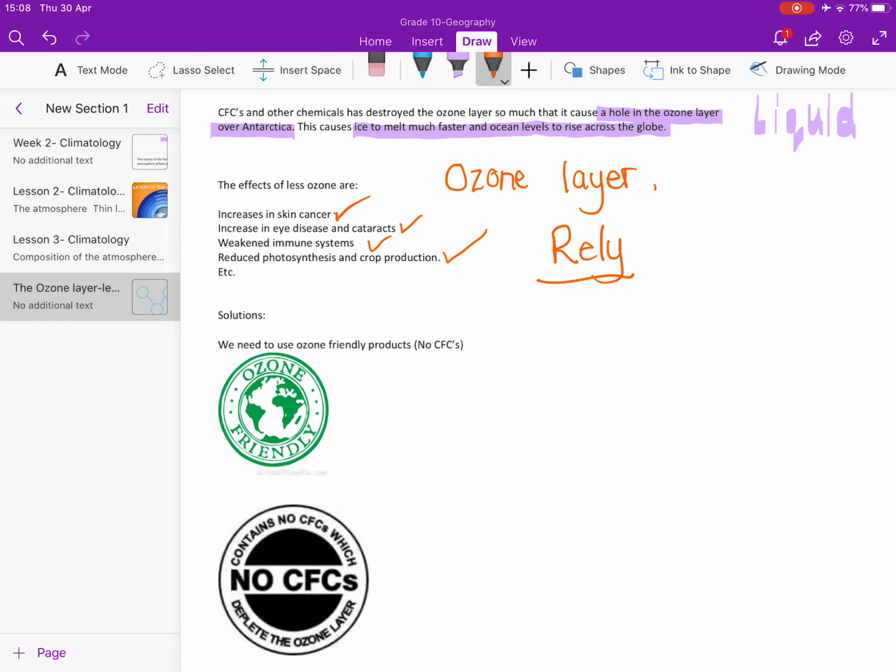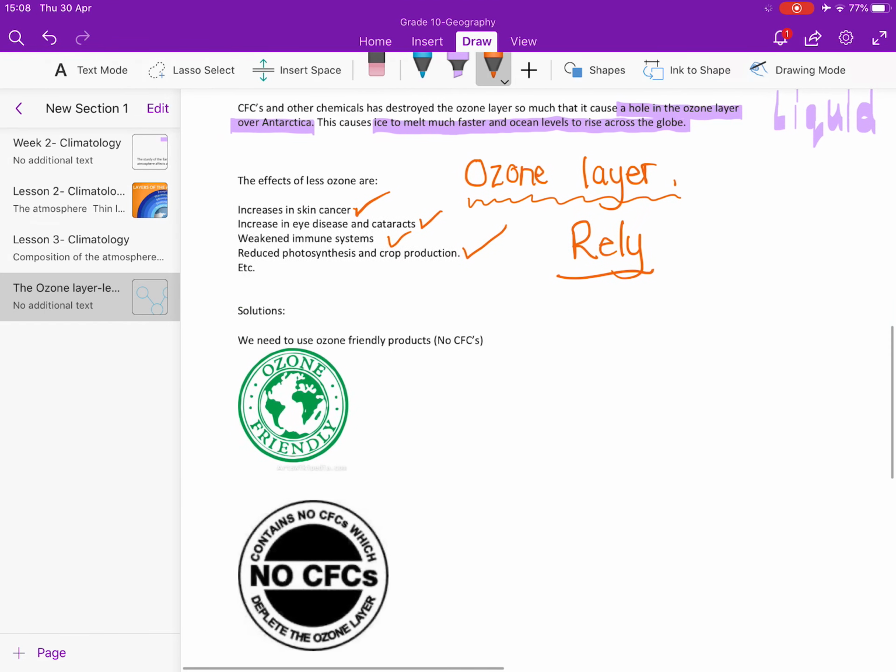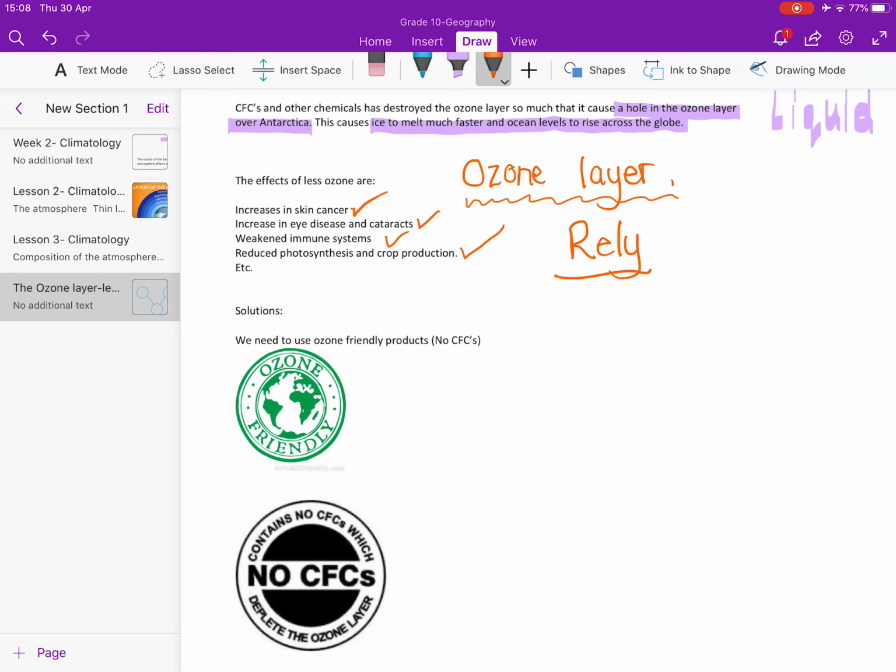So we need the ozone layer, guys. If we're not going to look after it, then we are soon going to struggle as a human race. So let's have a look at some of the solutions that we can be a part of. We need to use ozone-friendly products, things that have no CFCs in them.